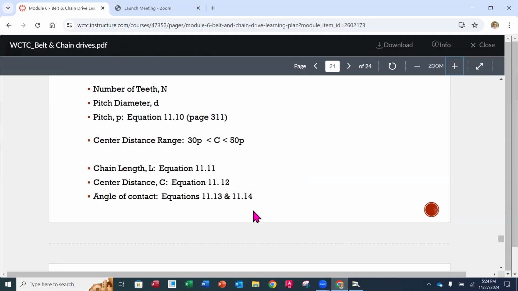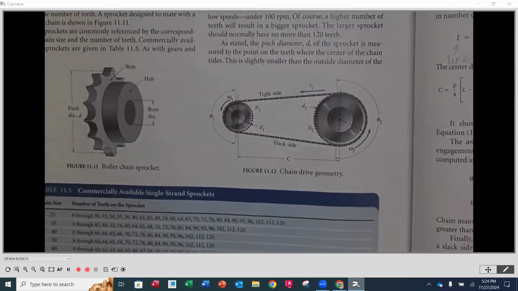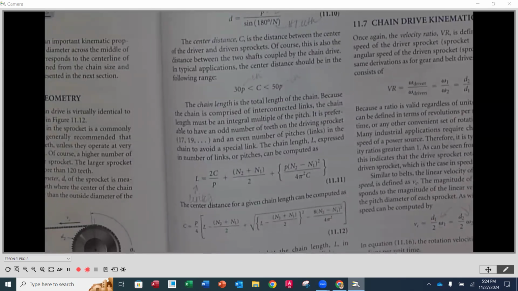A couple additional equations that we're going to see here. As we look above that same equation, you're going to find that this is going to be, and actually, you know what? Instead of just pointing to these, why don't we get out a piece of paper and we will start our chain drive equation sheet so that we have these in a place that's a little bit more handy for not only the problem that we're going to do, but for your assignments as well.